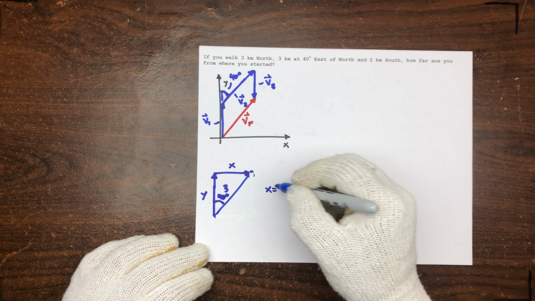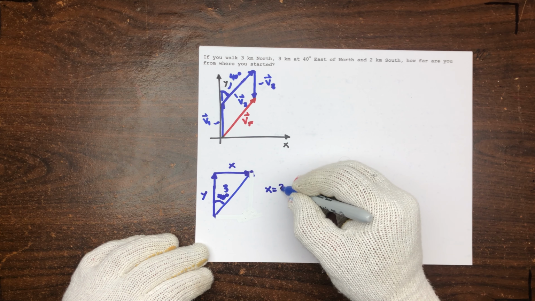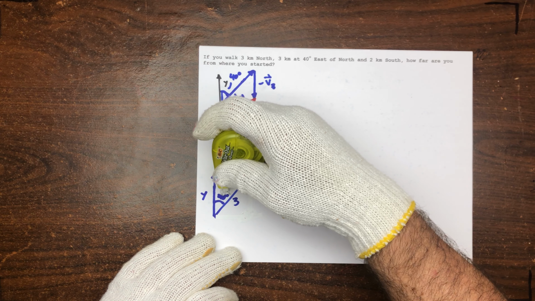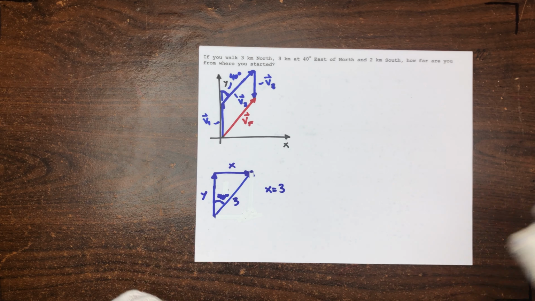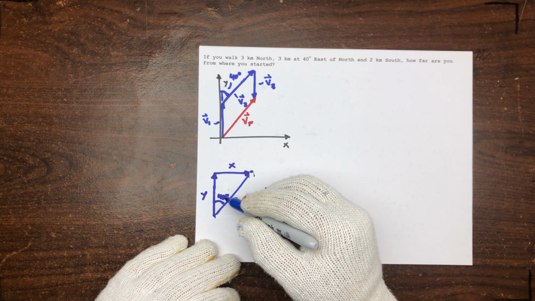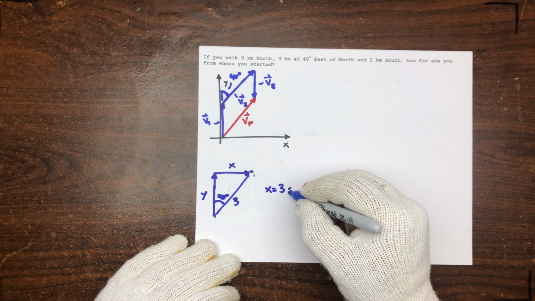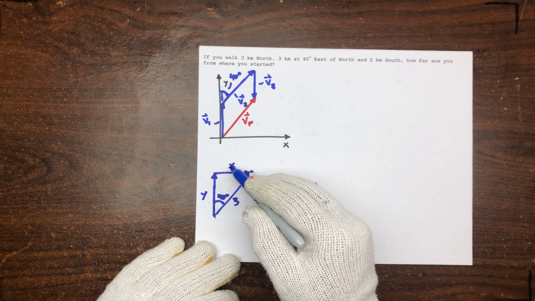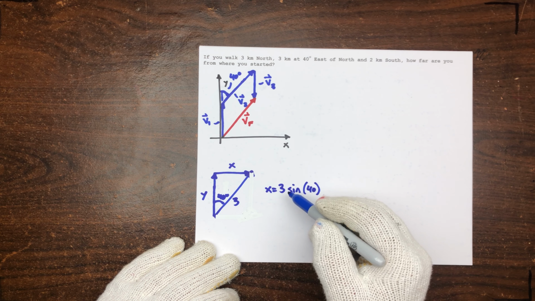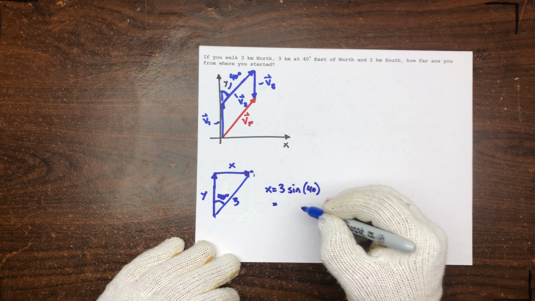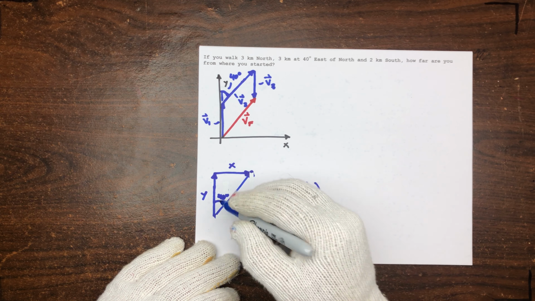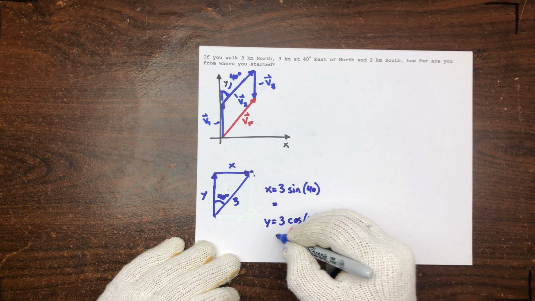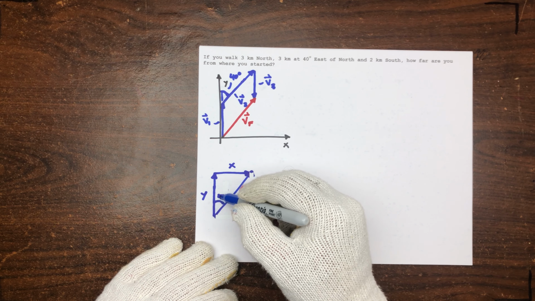So x is equal to 3, the distance 3, times sine of 40 degrees, because sine of 40 is opposite over hypotenuse. Times both sides by 3, I get this answer right here. Y is going to be 3 cosine of 40 degrees, because it is the adjacent from this angle.